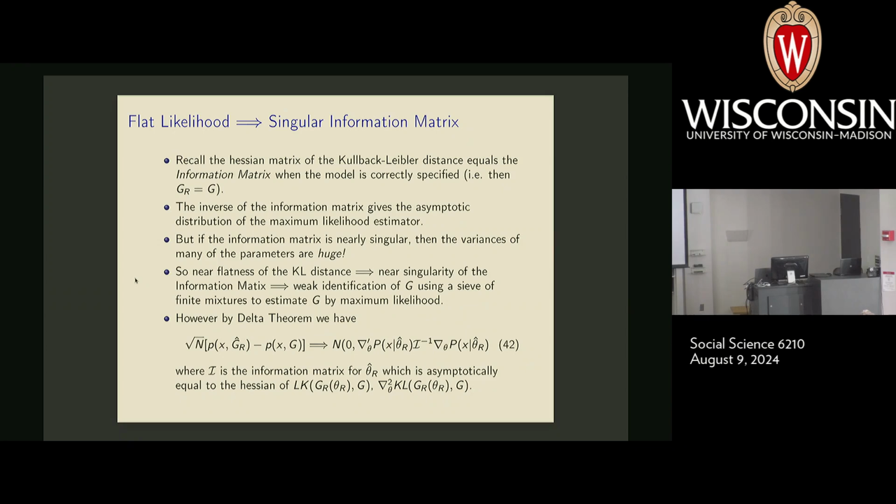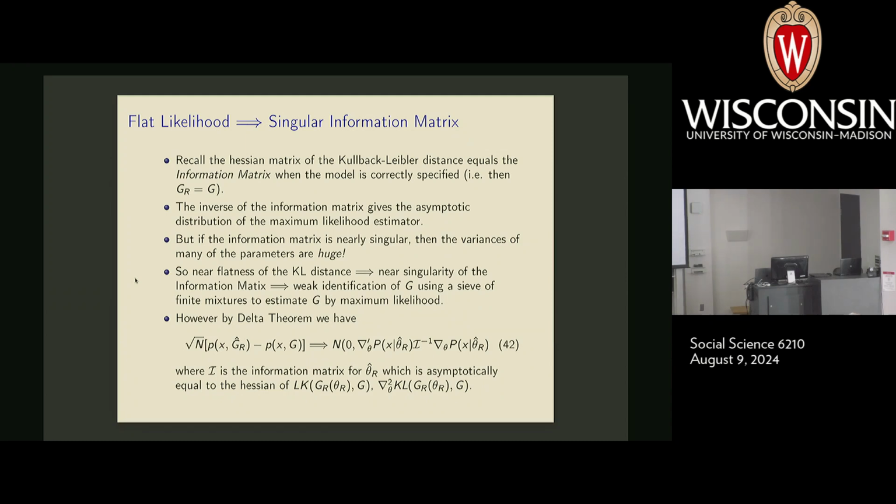Its eigenvalues are getting really, really small as I make the number of types big. But when you use the delta theorem, you get this quadratic form. You have the gradient of the CCP times this inverse, which is a very, very big matrix because it's the inverse of a matrix with eigenvalues very close to 0, times this. This actually is small. So how can that be? How can this be huge, but this is small?